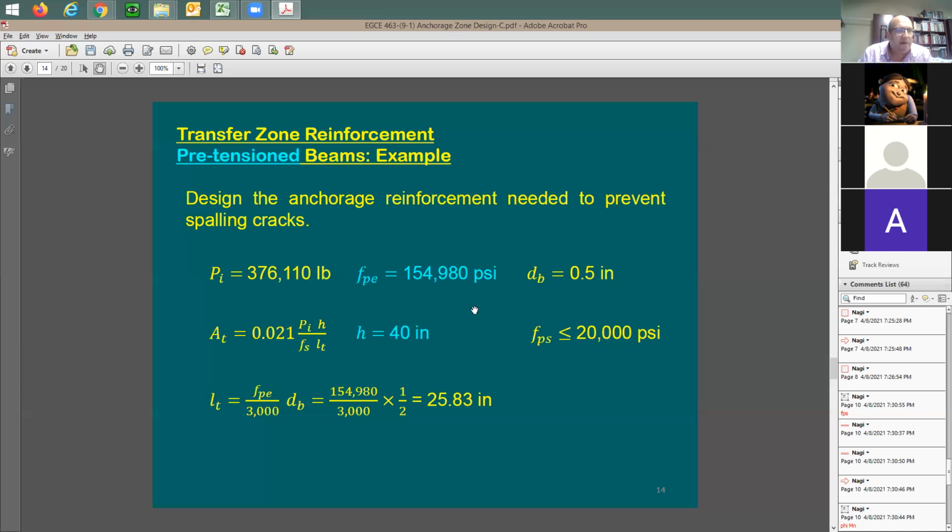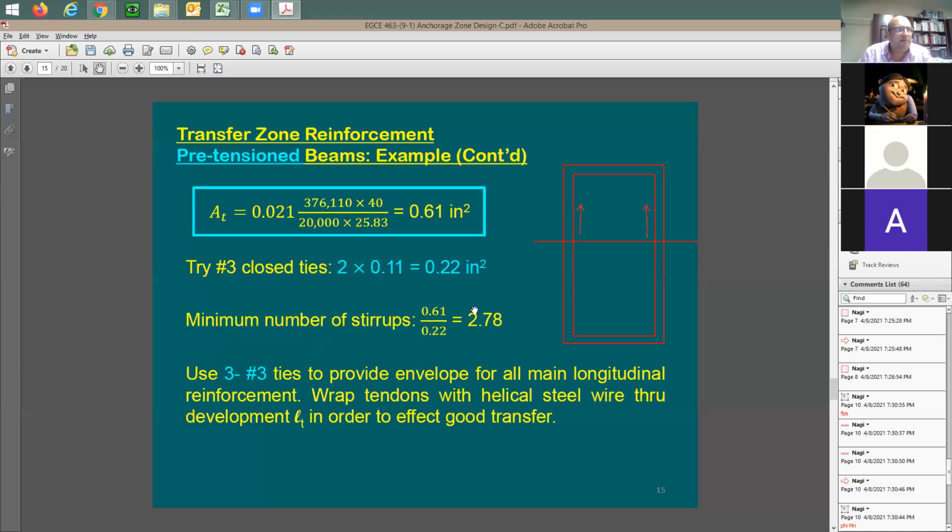Take this 15 kips divided by 20 KSI, to figure out the amount of reinforcing needed, right? 0.752.